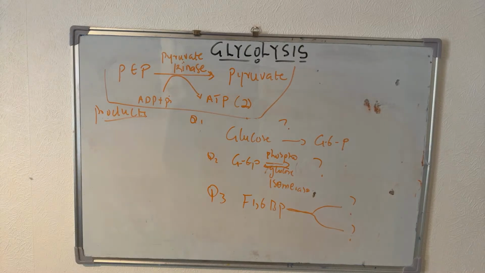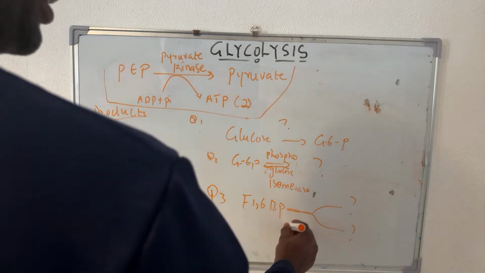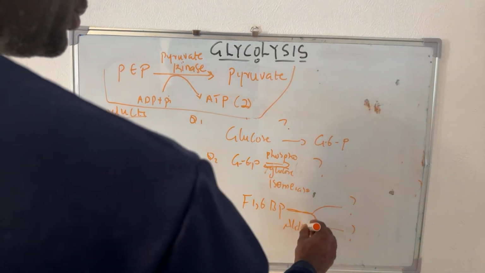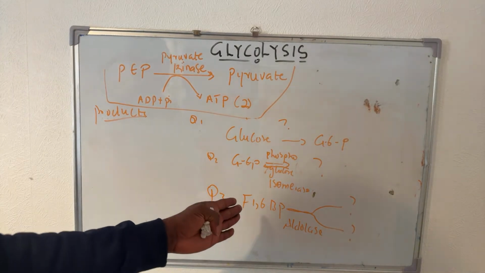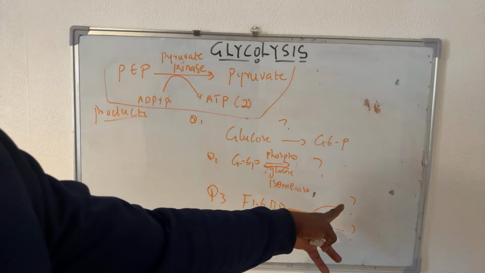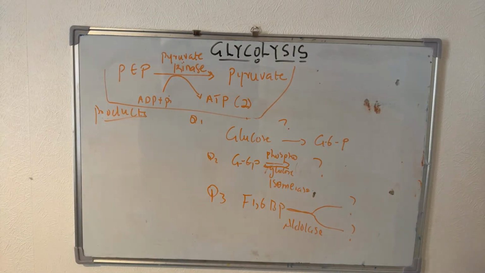What are they? Aldolase is the enzyme that cleaves fructose 1,6-bisphosphate into 2 metabolites. What are the names of those metabolites? Have a go at it and see if you can answer those questions.